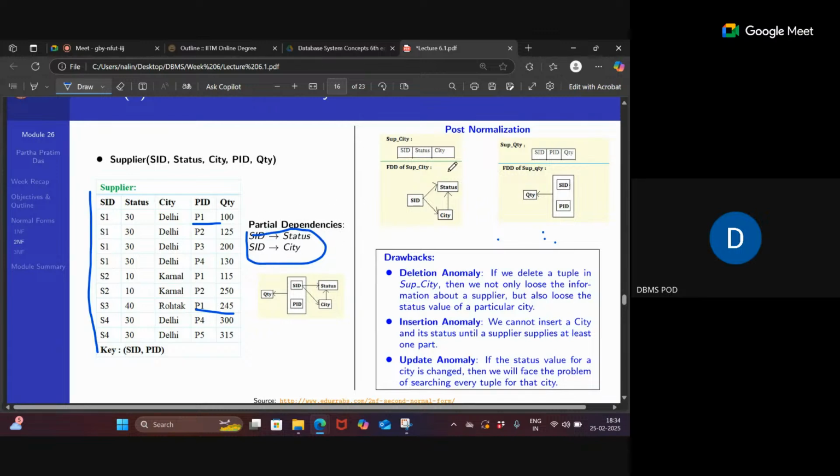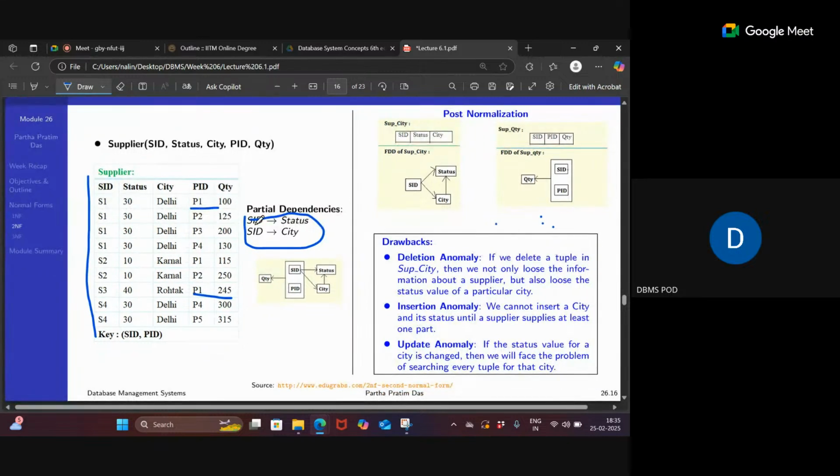We can decompose these attributes into one table like SID, status, city, and for the other attributes SID, PID, and quantity, we can create another table, supplier quantity. So now SID determining status is valid because SID is the primary key for this table.